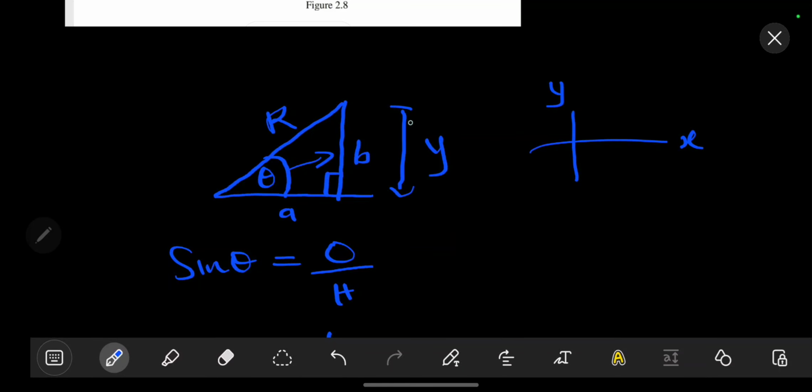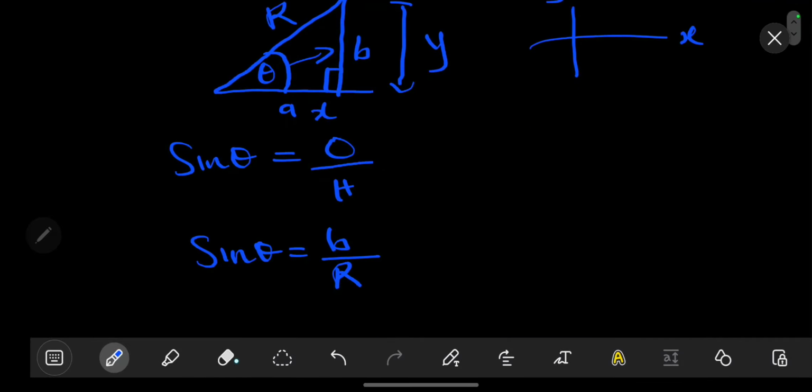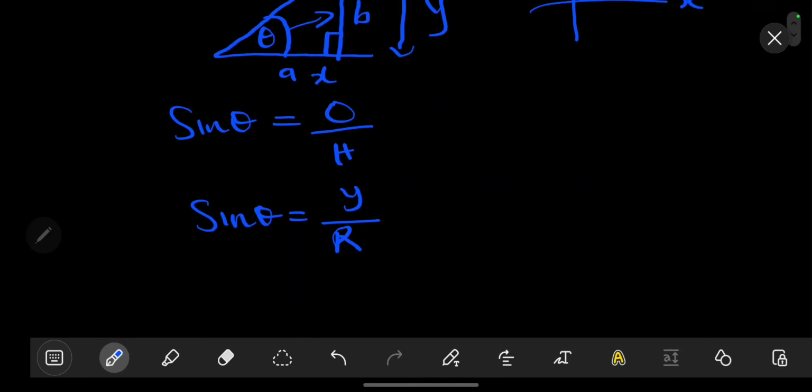Whatever component is going up is your y component, and whatever component is going down is your x component. So let's use x and y so that it's much easier. So we have our y component like that.